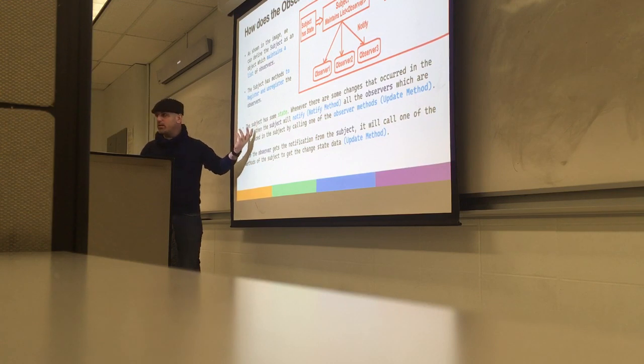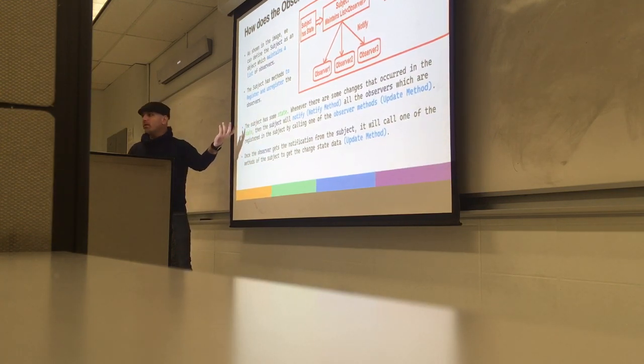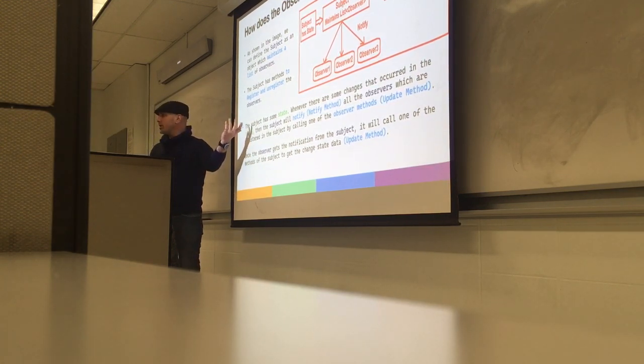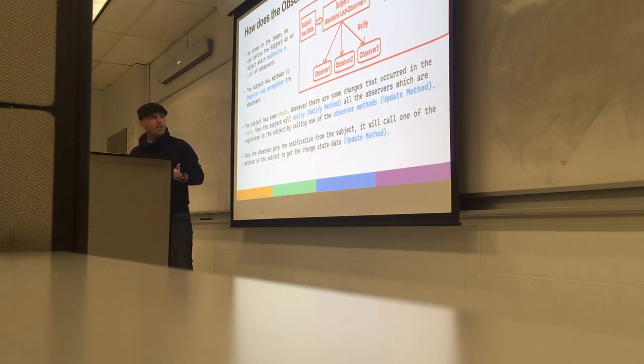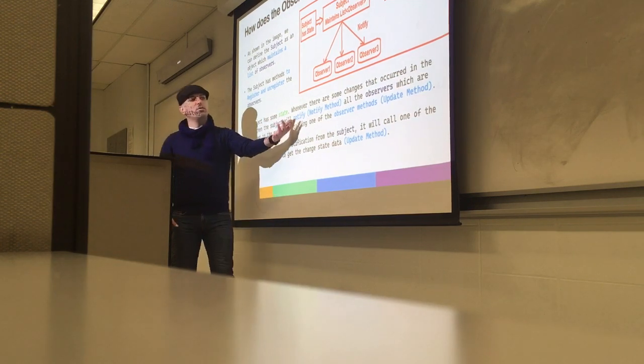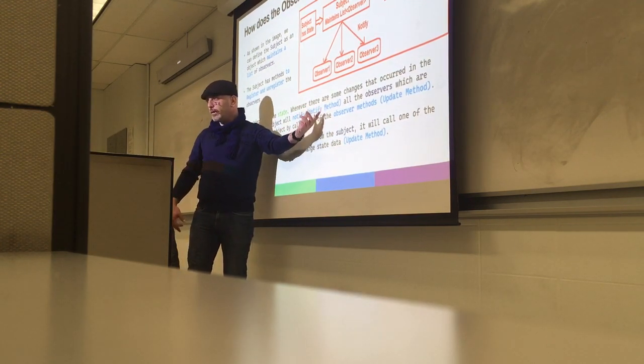So there is a status, and maybe this status changes. So I need to notify the observers, watchers, or subscribers. Whenever there are changes that occur in the state, the subject will call the notify method.